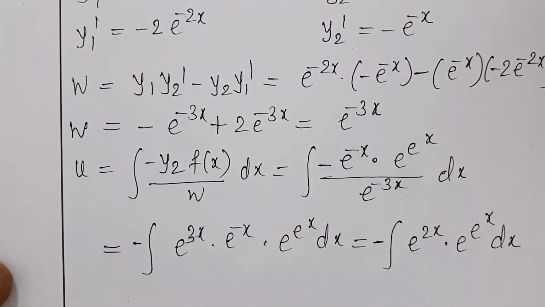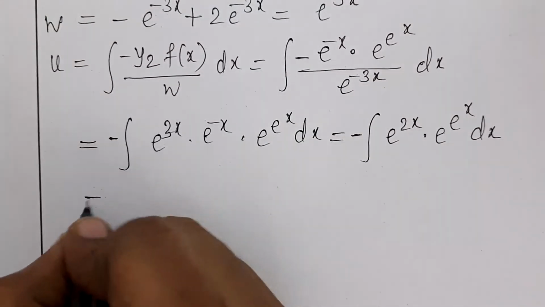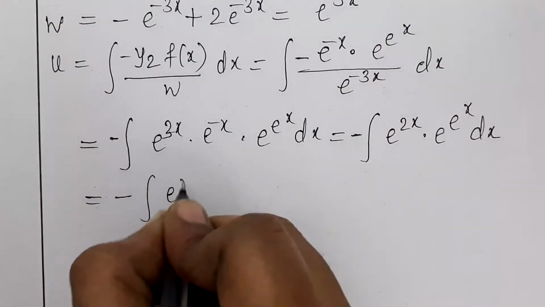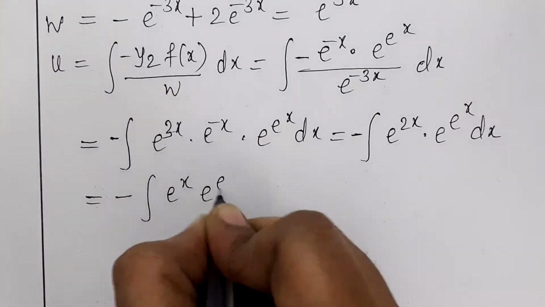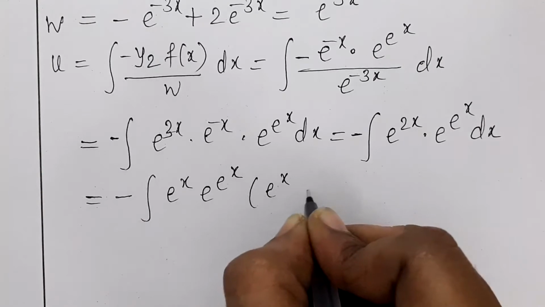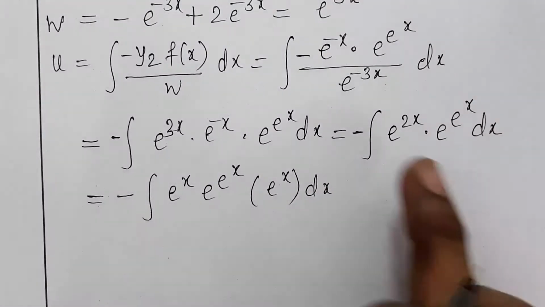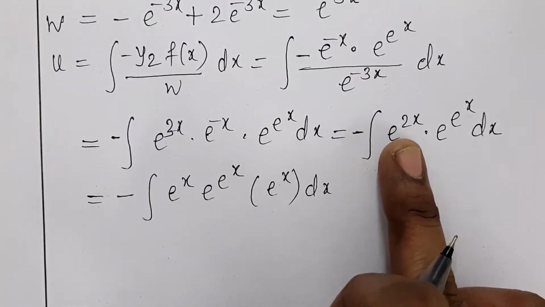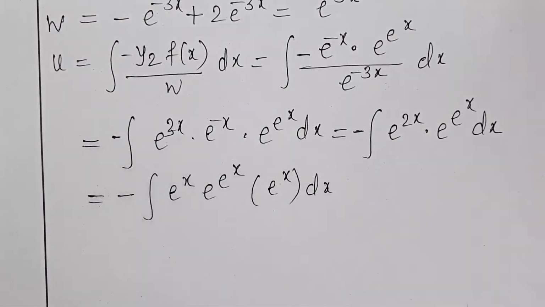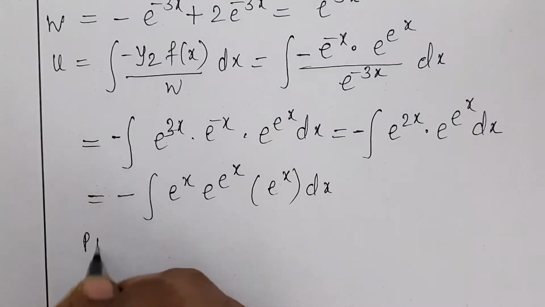Now how to simplify this? We can write it as -e^x e^x multiplied by e^x dx. Can we write like this? e^(2x) is divided into two parts, e^x into e^x dx. Now to simplify this integral, we have to use the substitution method.